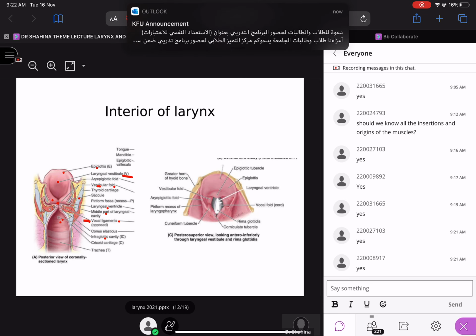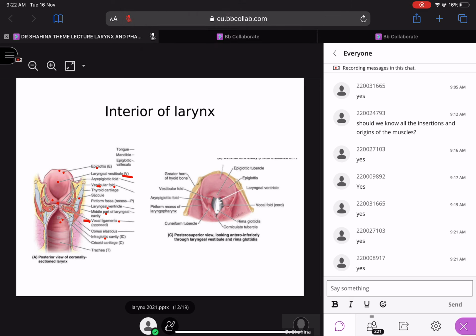Now see, when the epiglottis is pulled backward, what will happen? This vestibule will be closed. So this will be the thyroepiglottic muscle that will pull it like this, and it will close the glottis.